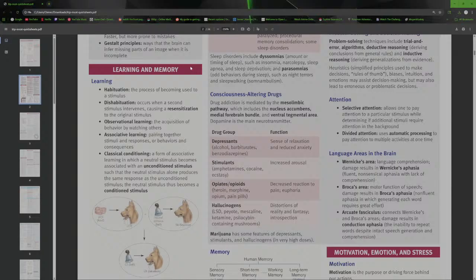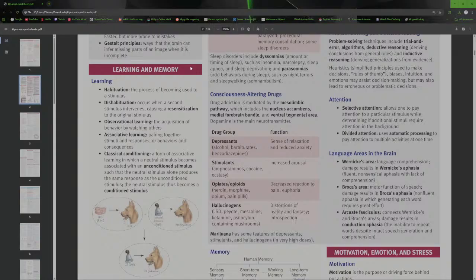So for example, the unconditioned stimulus for Pavlov's dogs was food, and the unconditioned response would be saliva being produced by the dogs. And then without the classical conditioning, Pavlov rang a bell, and the dog didn't respond at all to it.